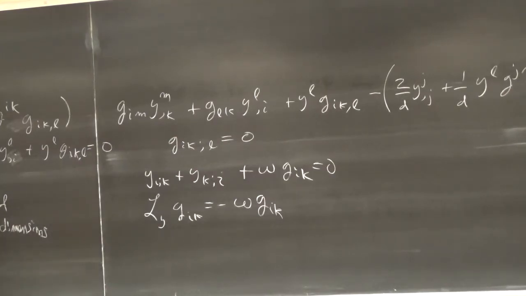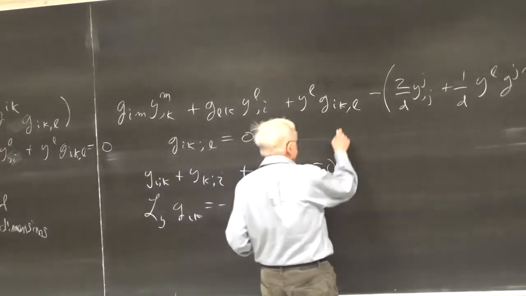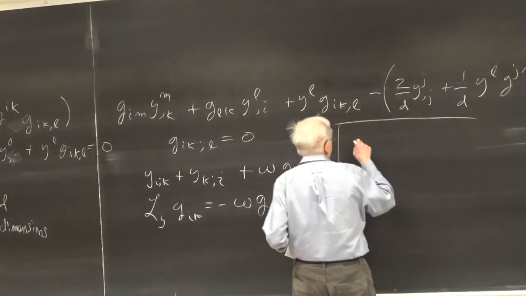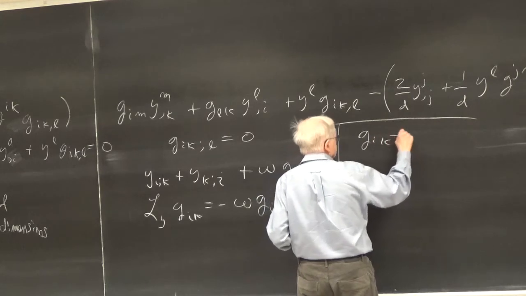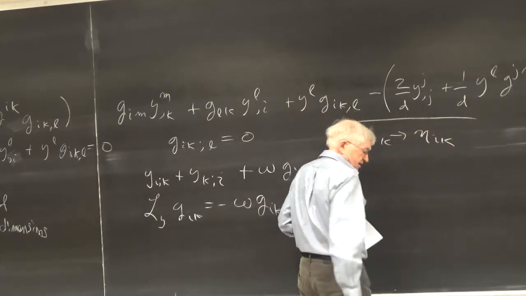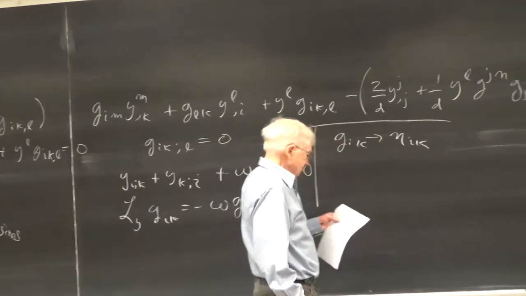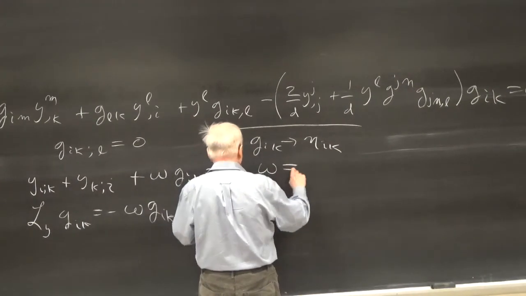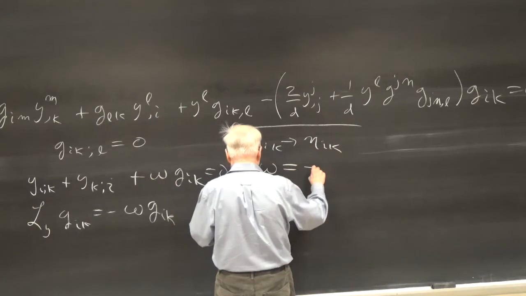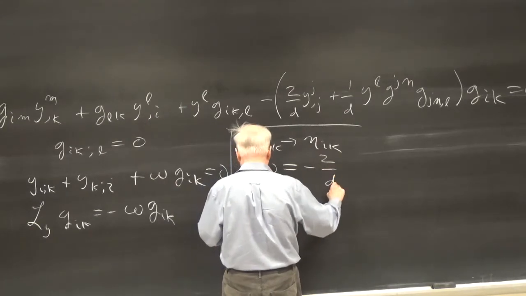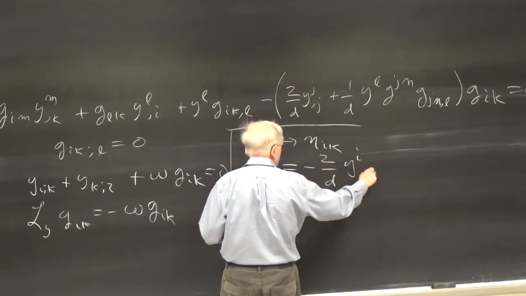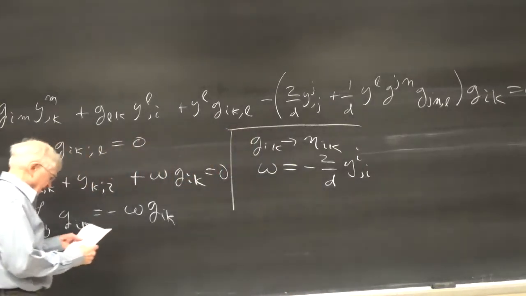In flat space-time, the metric doesn't depend upon position, so this term vanishes, and so we just have minus 2 over D. G,I,K now goes to eta I,K, but we can stay in D dimensions, and now the conformal factor is minus 2 over D Y,I comma I. So that's what omega is.